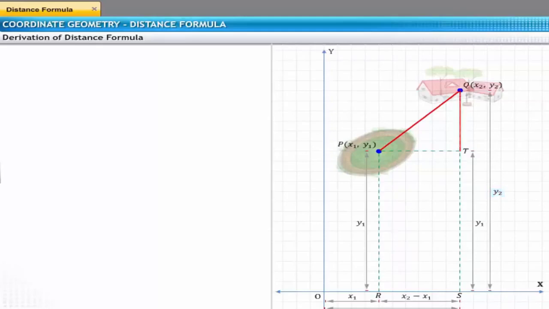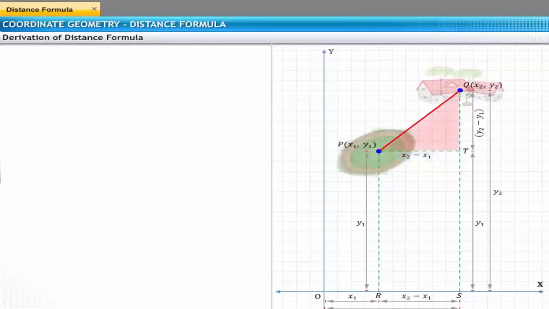Therefore, distance TQ equals SQ minus ST equals y2 minus y1. Distance RS is equal to distance PT, which is equal to x2 minus x1.